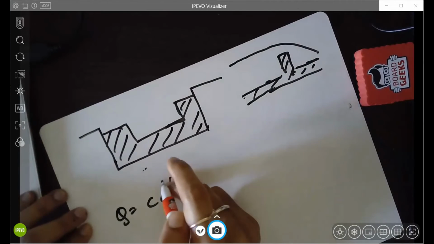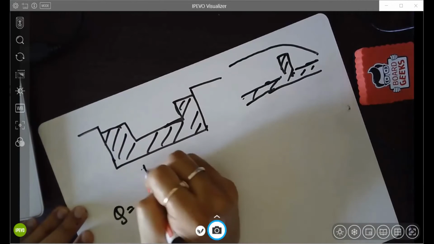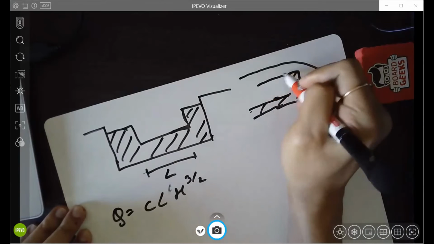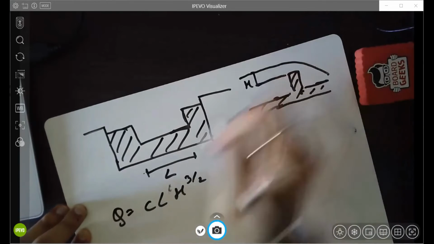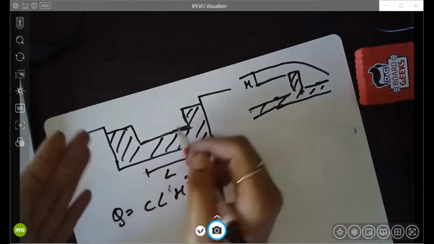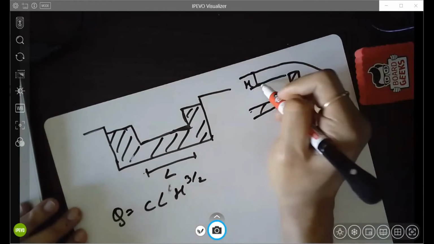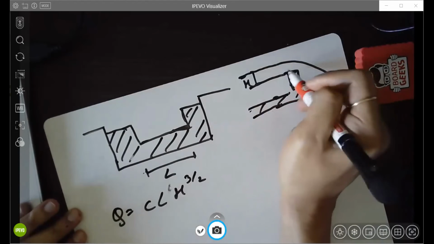So Q equals C L H. L is this, and H is this. L is the length of this weir, the width of the open part of the weir, this part. And H is the height of the water surface above the height of the weir.